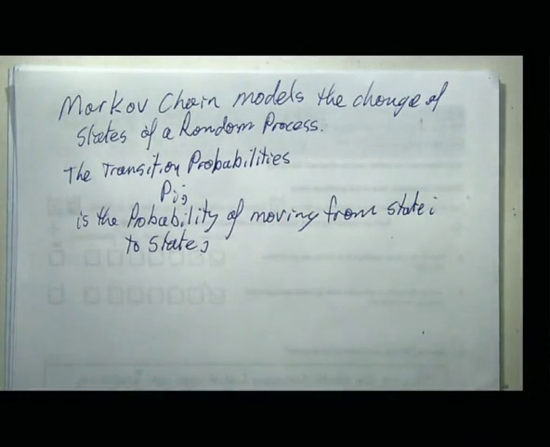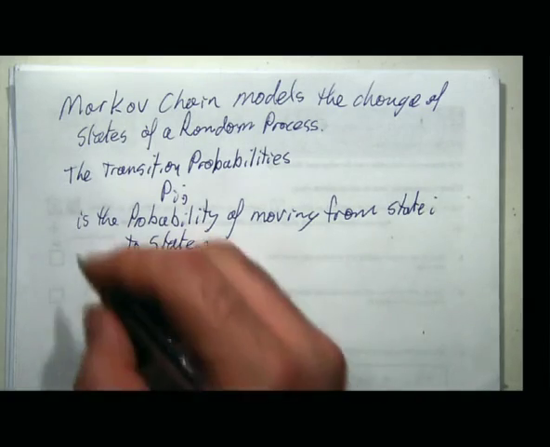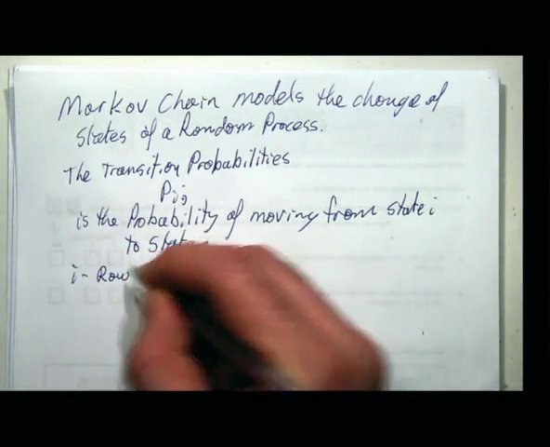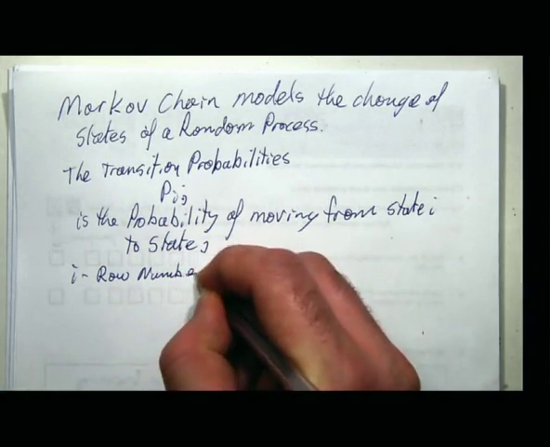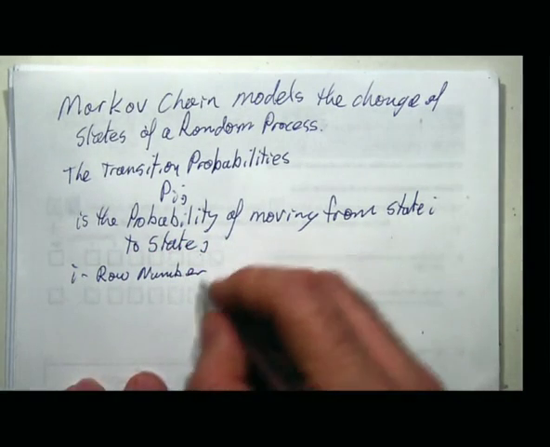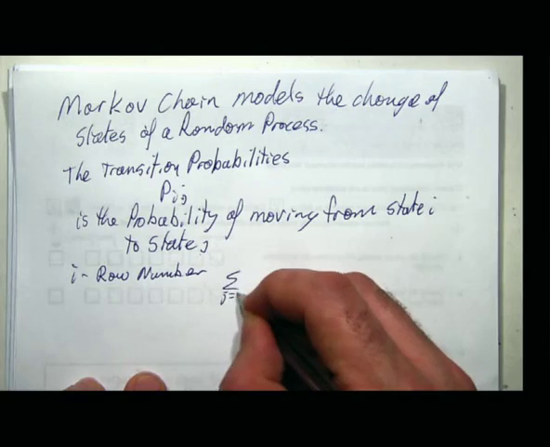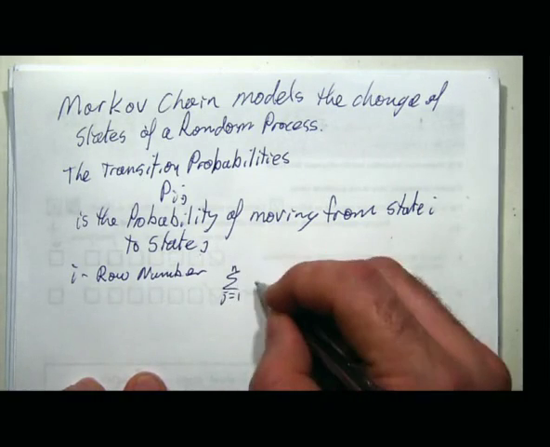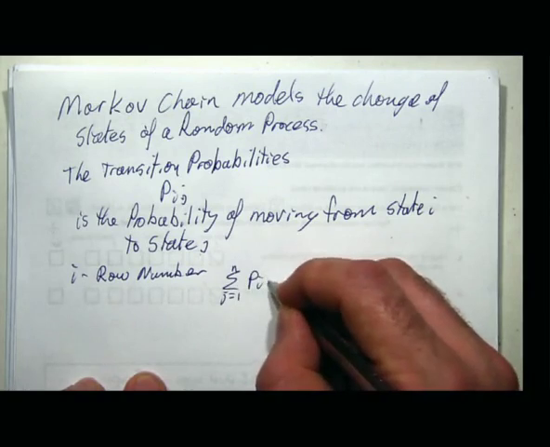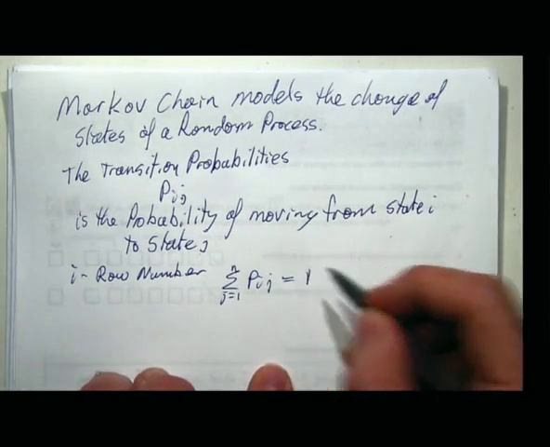Now, because these things are probabilities, the total probabilities must sum to 1. Because that first number, this i, represents the row number, the sum from j equals 1 to n of Pij has got to be equal to 1.